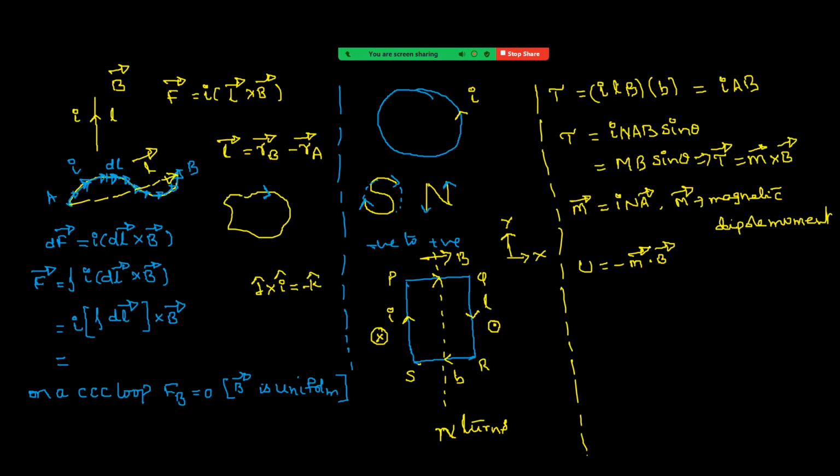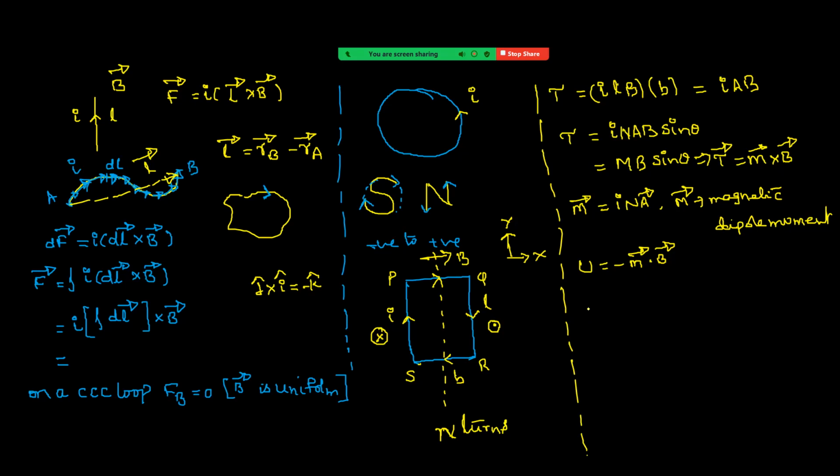If the angle between these two is 180, potential energy is maximum. That is an unstable equilibrium position. So whatever we have learned in electric dipoles, exactly the same thing. M bar cross B bar, there we learned P bar cross E bar. M bar dot B bar, there P bar dot E bar.